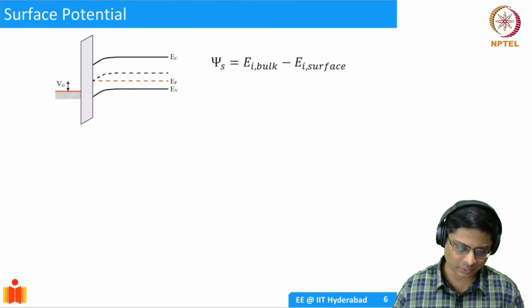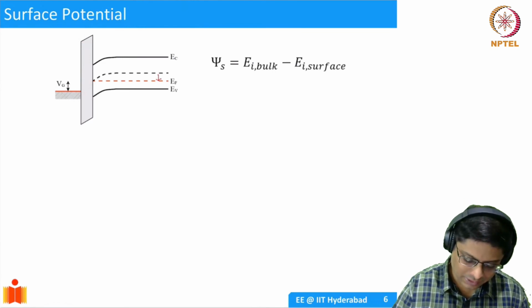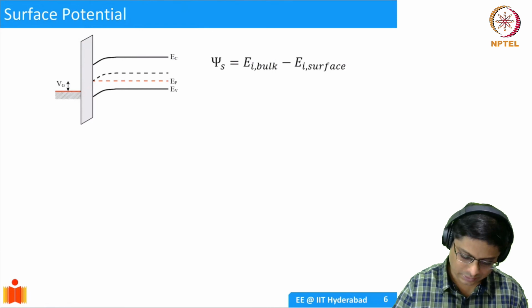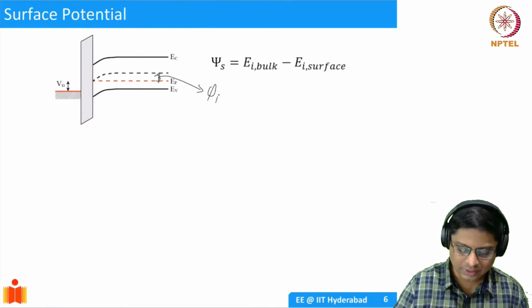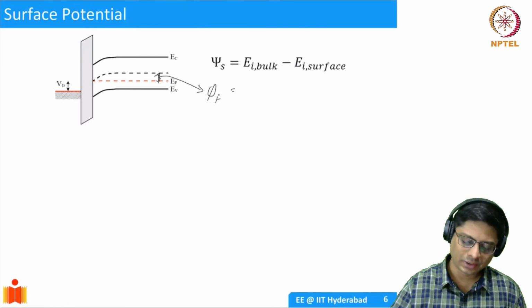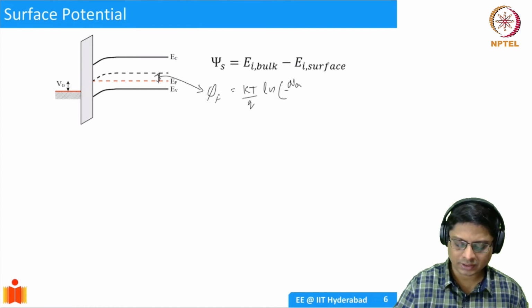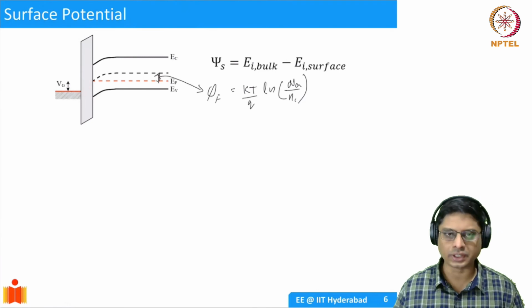In a moment, we'll explain how that is. So let's use phi f, which is simply the distance of the Fermi energy EF from Ei. So this was kT by q ln NA by ni. This is what we know already.